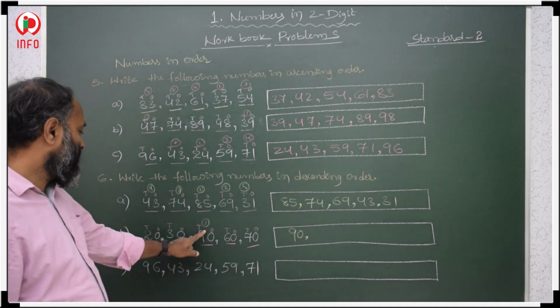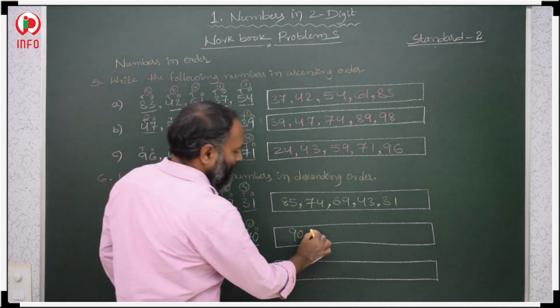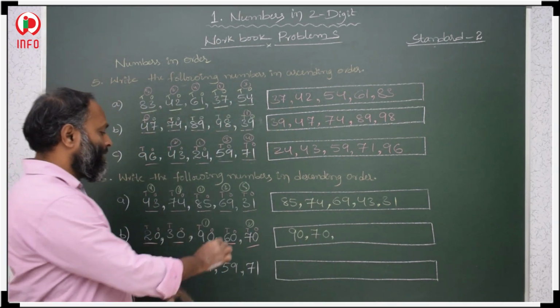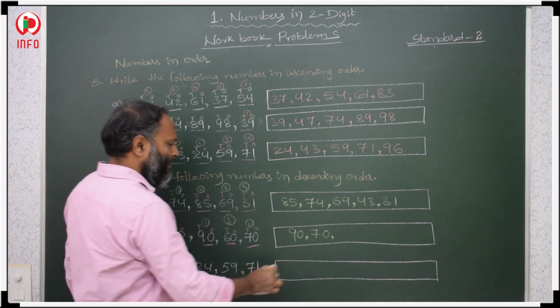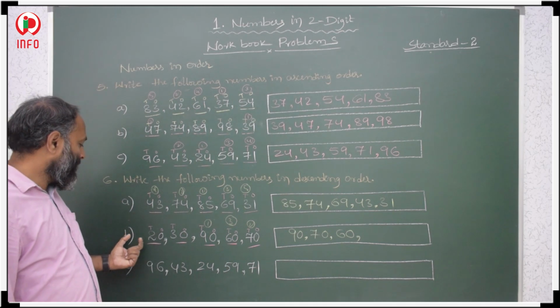After 9, smaller than this is 7, 70, second place. After 7, 6, third place, 60. This is question number B.